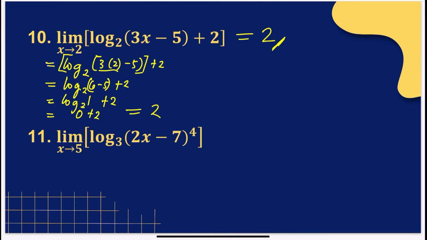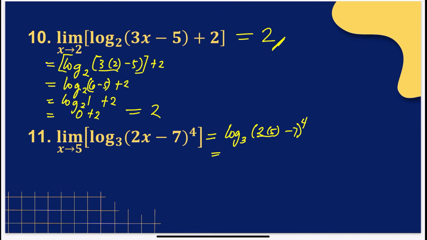Number 11 example. The limit of the logarithm of 2x minus 7, raised to 4, to the base of 3, where x approaches 5. So this will become the logarithm of 2 times 5 minus 7, raised to 4, to the base of 3.